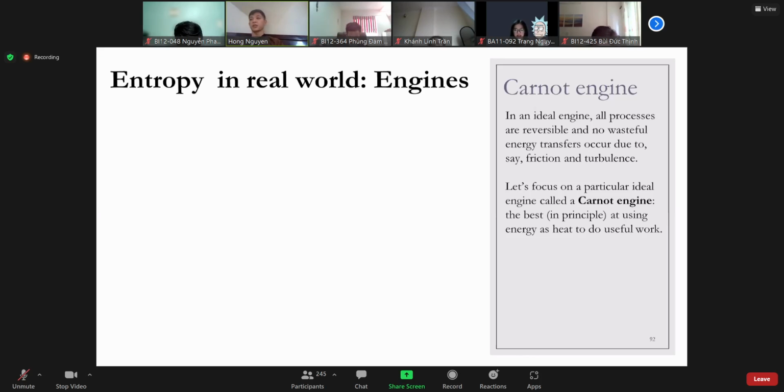No friction, no turbulence, and no dissipation of energy. And the Carnot engine is actually the best at using energy as heat to do useful work. That's why we pay attention to the Carnot engine. It sets the limit of the efficiency of an engine.